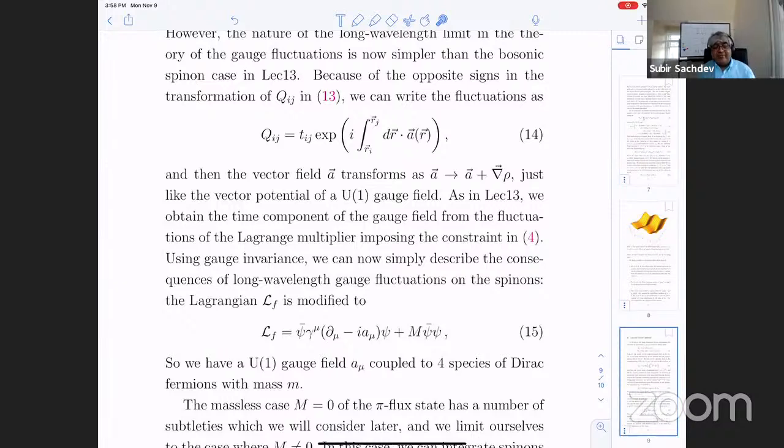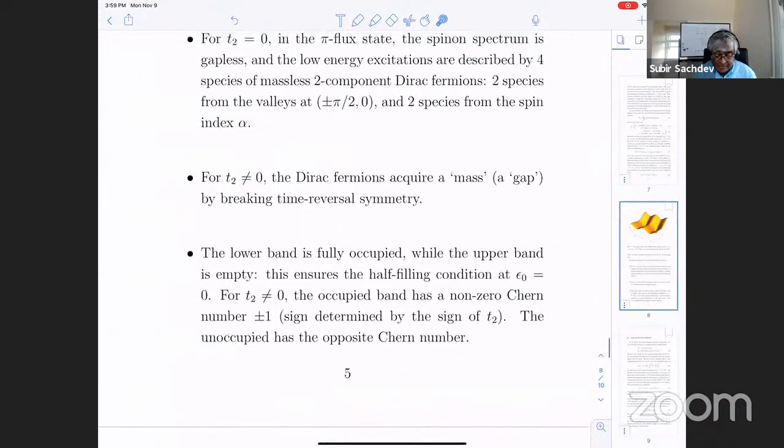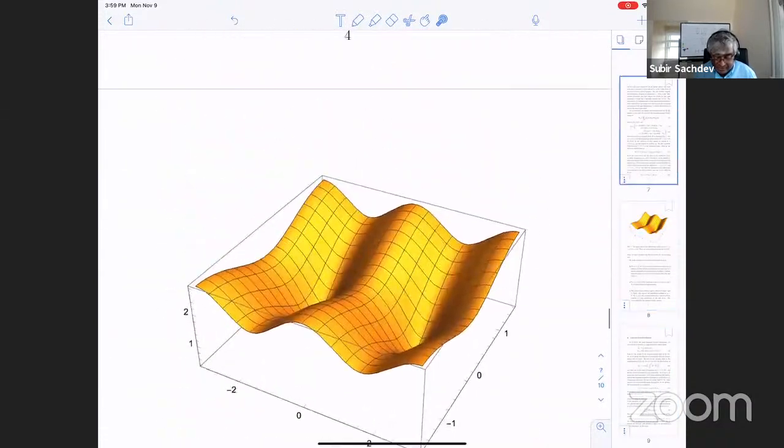So the theory of the staggered flux phase is massless Dirac fermions coupled to a U1 gauge field. And that turns out to be quite a complicated CFT, which we'll have more to say about in the coming weeks.